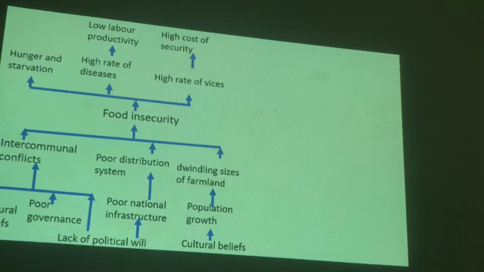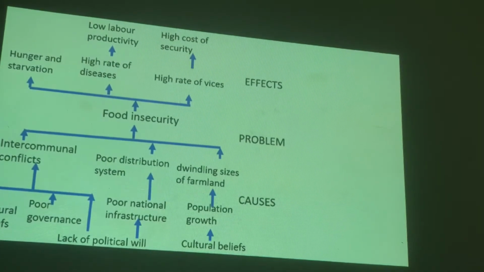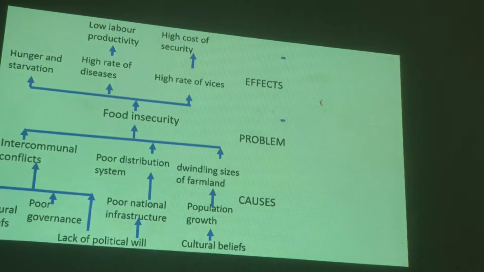So here we are. We have built a problem tree, a tree with the roots and the effects. Let's look at it. That's the problem. Those are the possible causes or hypotheses, if you want, and those are the effects. So that problem is caused by those possible root causes, and it can lead to those effects.